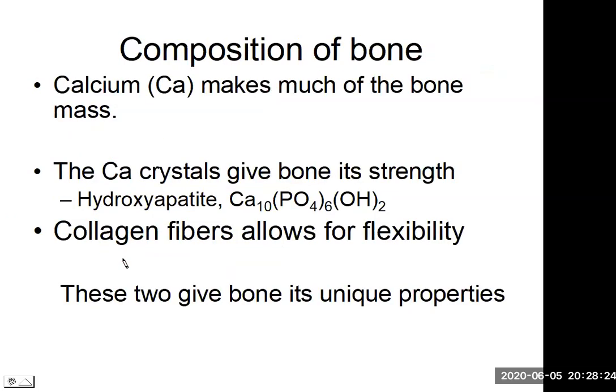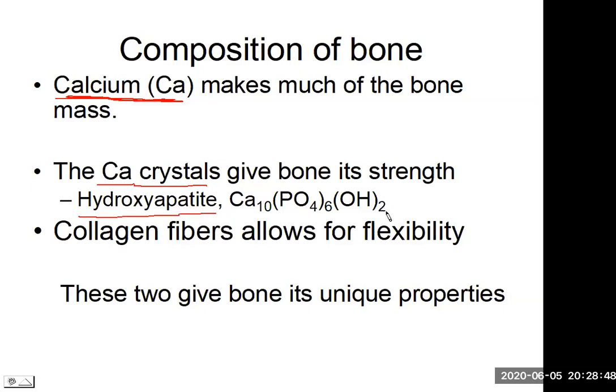So starting with the makeup of bone tissue, I've already mentioned, of course, the importance of calcium, and we'll get a percentage for that. The calcium portion is found in many different forms, but a principal one are these hard, rigid, yet brittle calcium crystals known as hydroxyapatite.